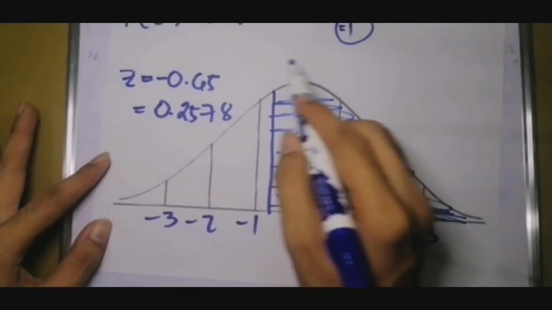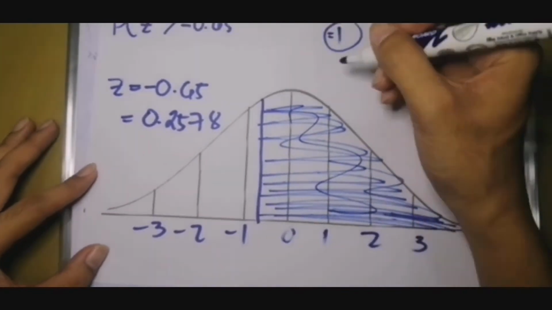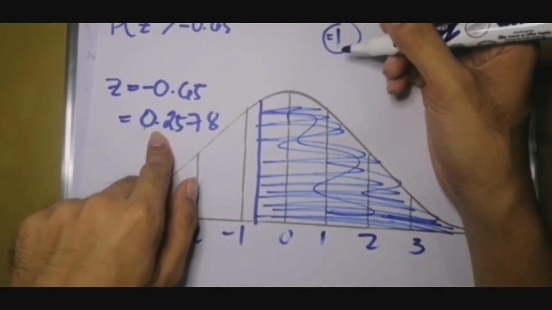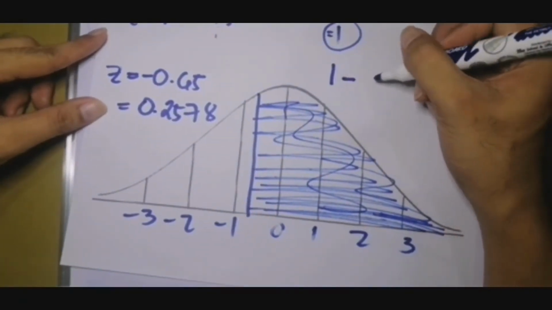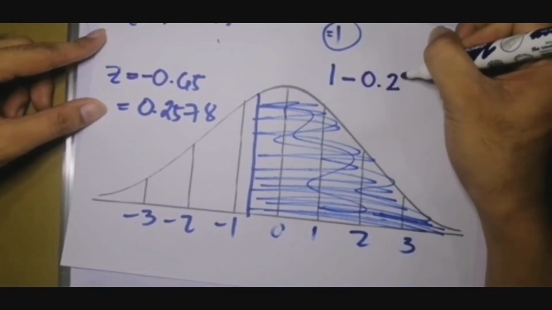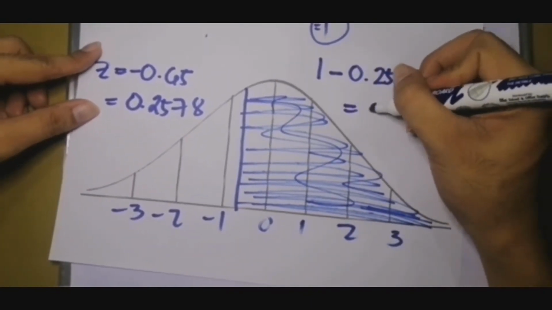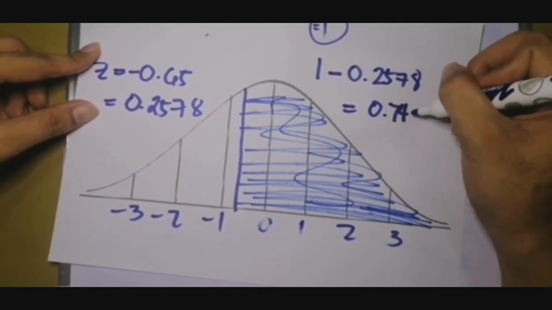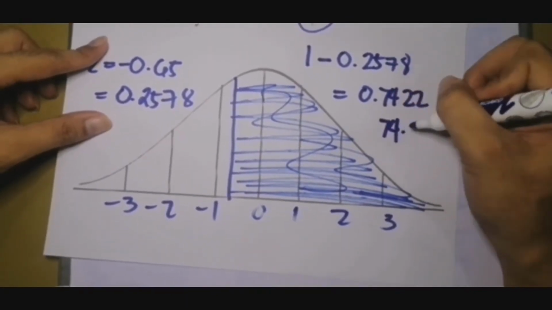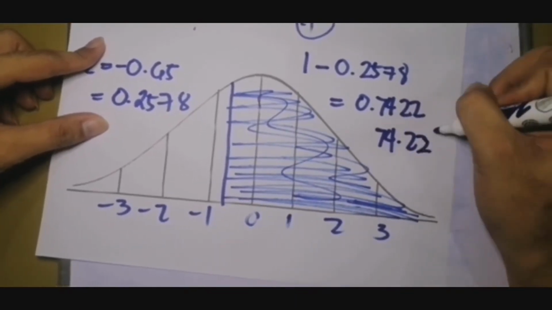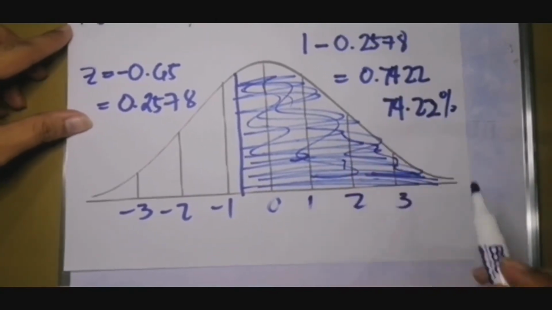So we just subtract the z-score's area from 1. So 1 minus 0.2578 is equal to 0.7422, or 74.22%.